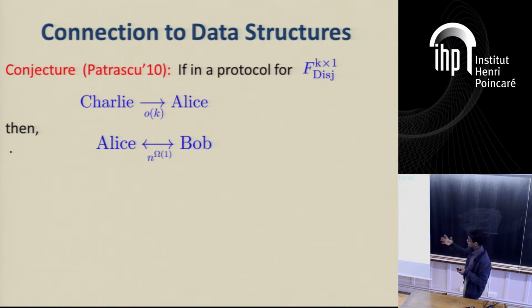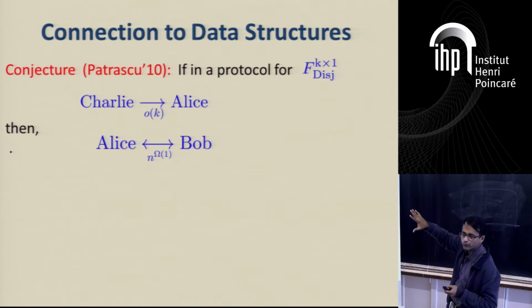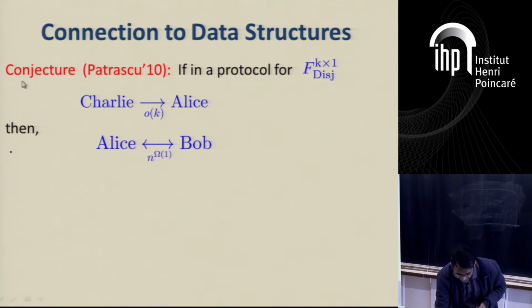And this was first observed by Patrascu, which is why it's a beautiful connection that Patrascu observed. And his conjecture was essentially ruling out such a possibility. His conjecture is that if you have a protocol for solving this advice version of the set disjointness problem in which Charlie gives very few bits of advice, little o of k bits of advice, then Alice and Bob need to communicate n to the omega 1.